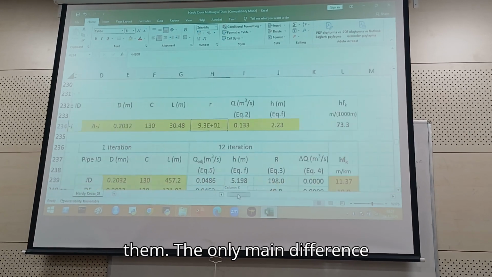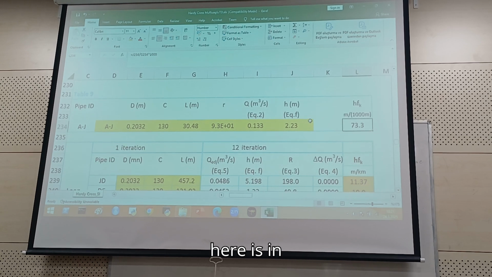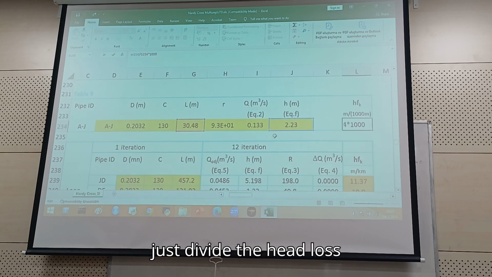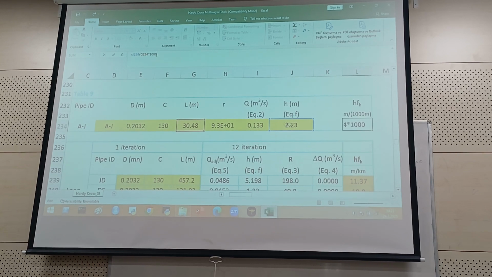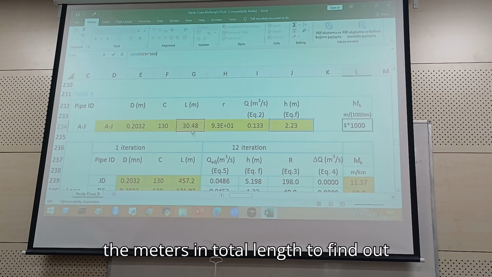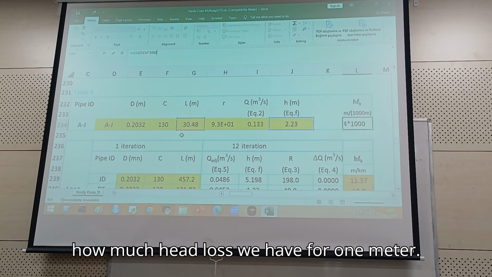The only main difference here is that on a kilometer basis, we divide the head loss by the total length in meters to find out how much head loss we have for 1 meter.